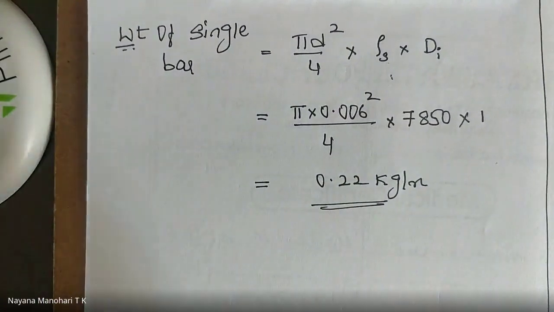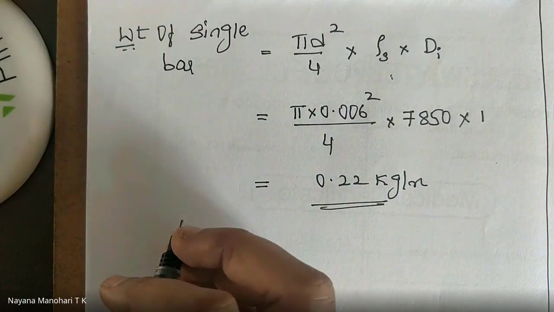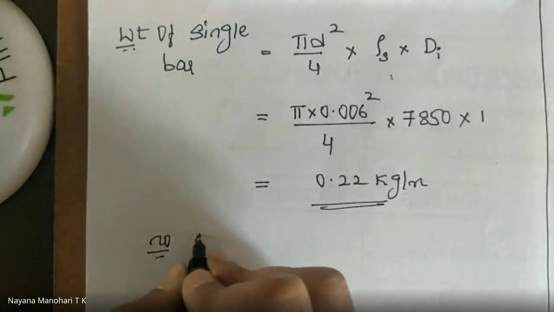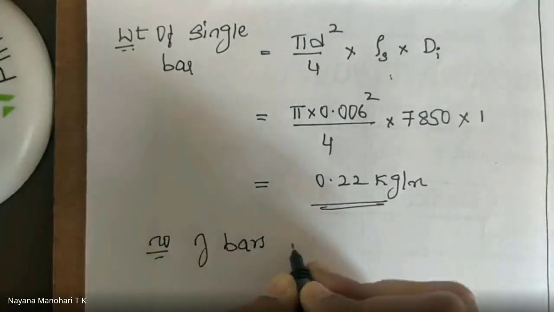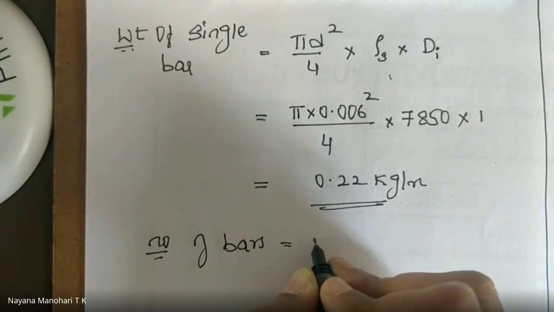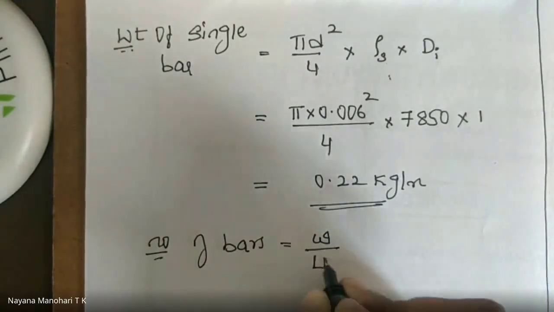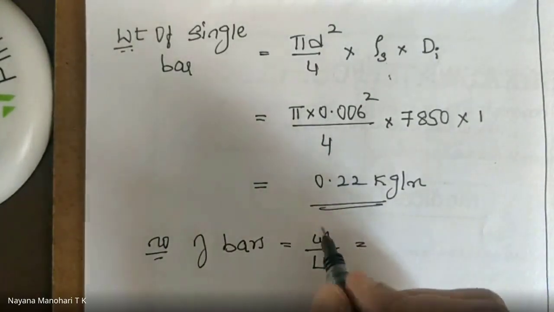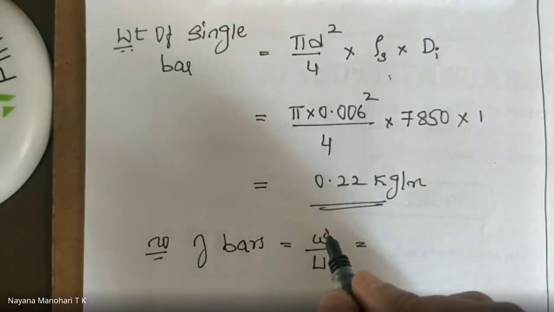Next, you need to calculate the number of bars. Number of bars is given by small w divided by capital W, that is the total kg divided by the weight of each bar. How much have you provided? 4 kg.